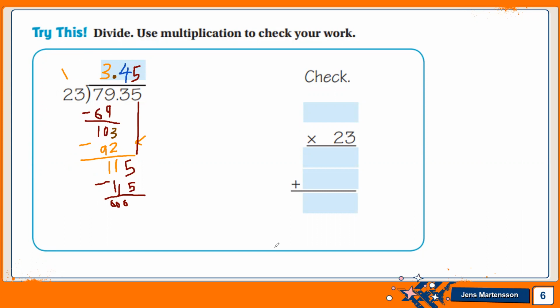Okay. Then after that, they ask you now to check. How do you check? What is the opposite of division? Multiplication. 3.45. Yalla. After Muna, Matab.